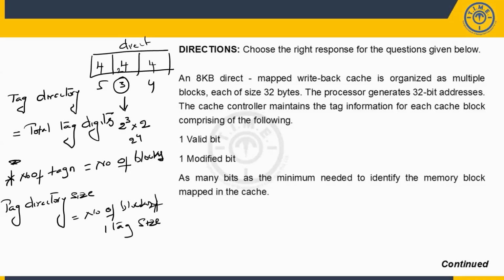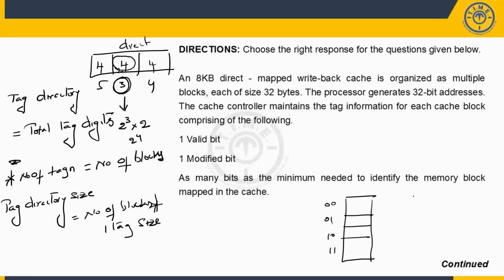Are you getting it? We discussed it several times. In associative mapping, the bits in the middle field are reduced by 1, and the tag bits increase by 1. But actually, the number of blocks in the system is not reducing. Initially, let us say there are 4 blocks: 00, 01, 10, 11.